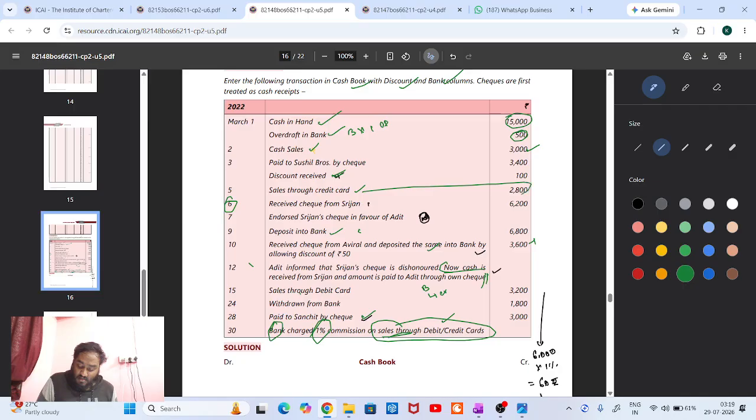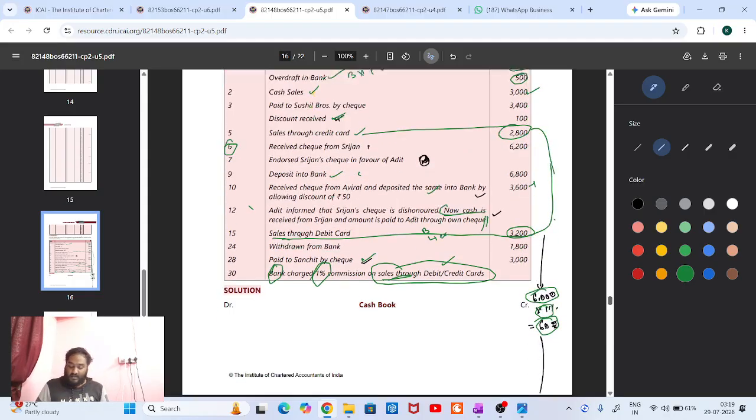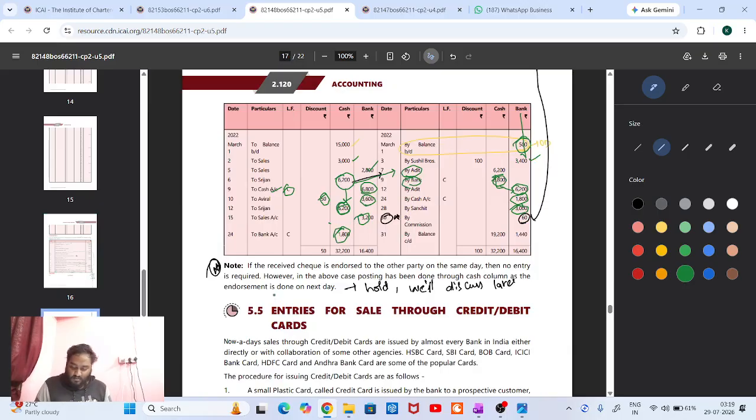Sales through credit card, sales through debit card. So add this, it comes to 6,000 into 1%, 60 rupees will be commission. Done and dusted, this question also.